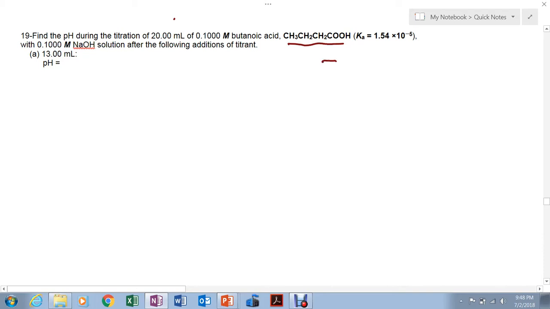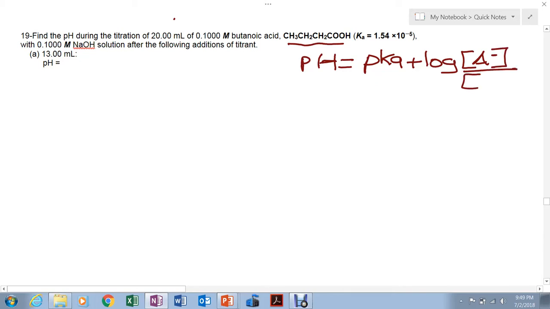But what I was talking about is that the pH at the midpoint is the pKa, because we have a buffer, remember, plus the log of the concentration of the base, let's put A minus like I was working with before, over HA.